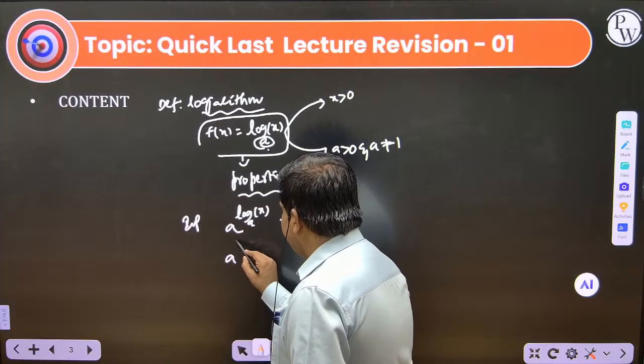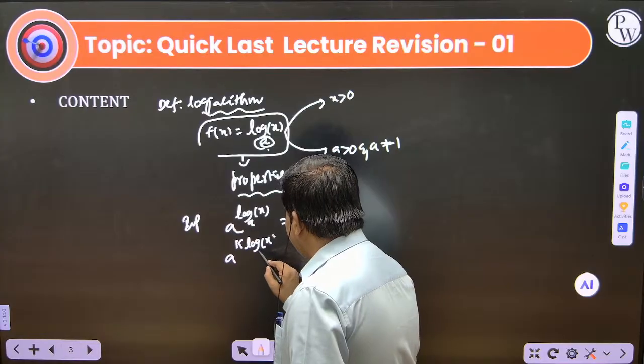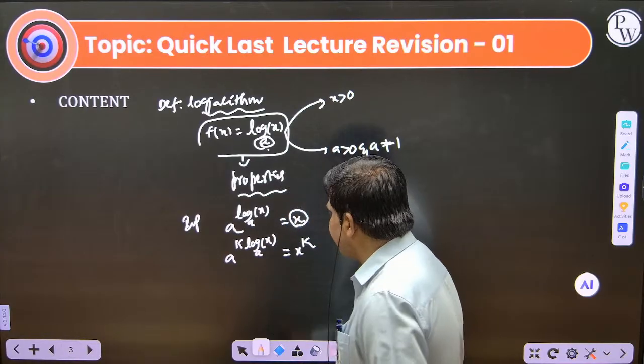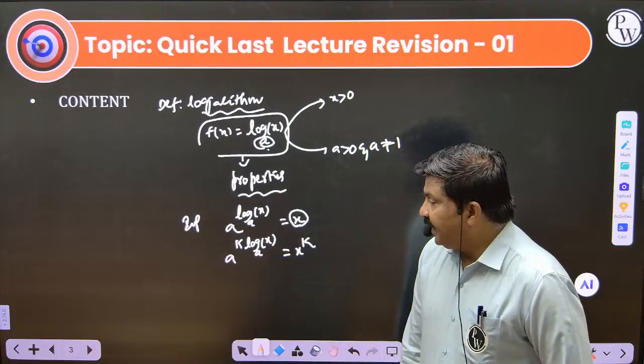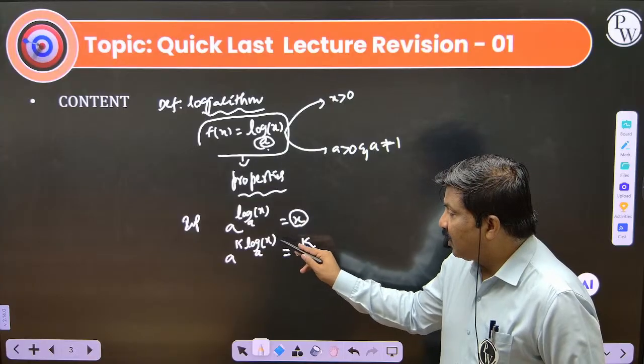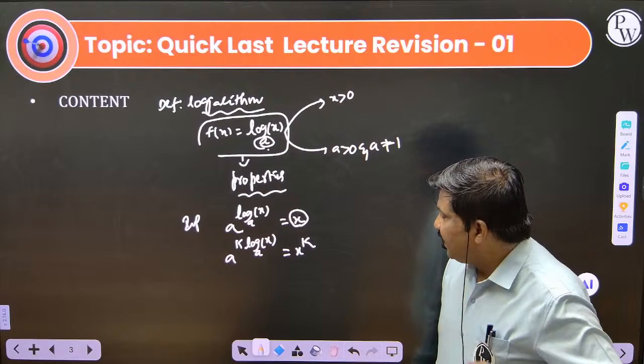Similarly, a power k times log of the number to the base a is equal to x power k. A power of k into log of a number to the base a gives x power k.